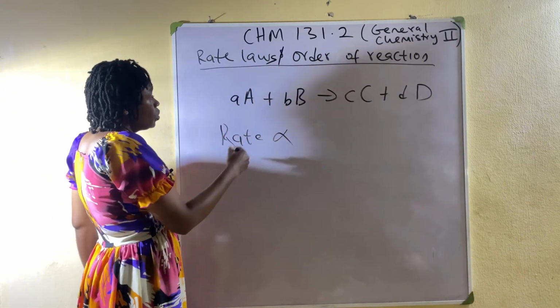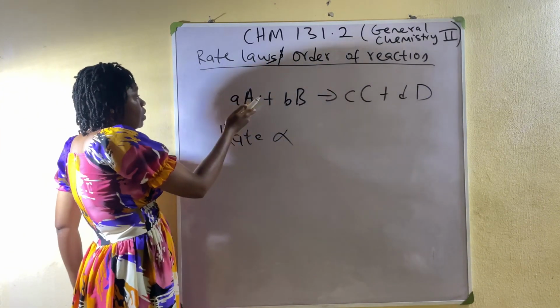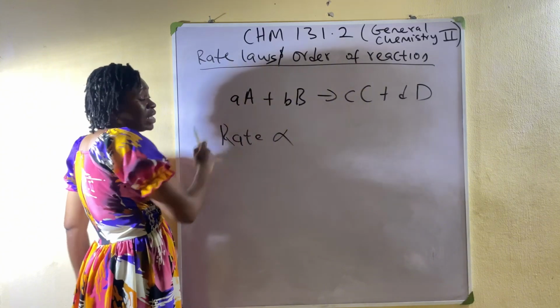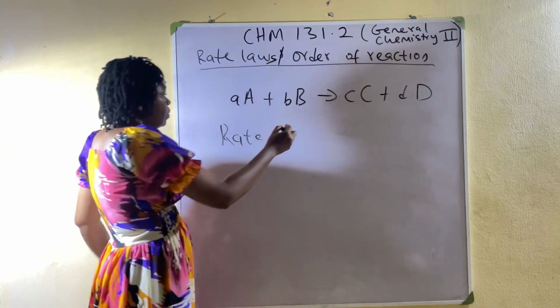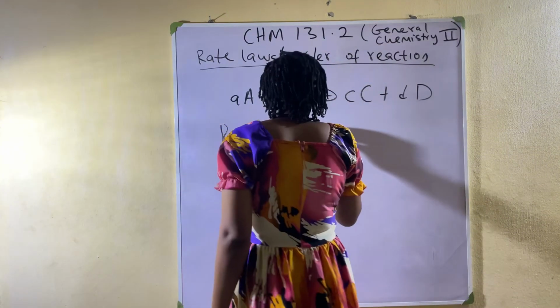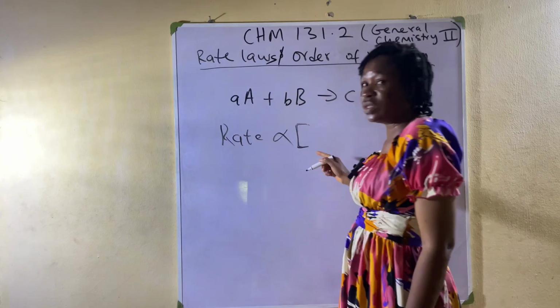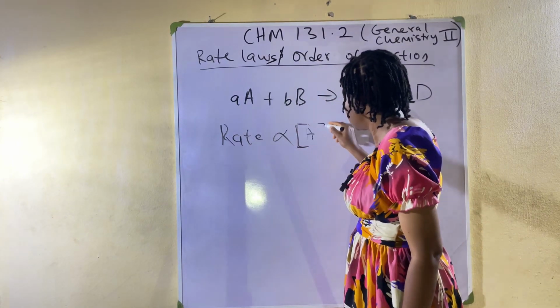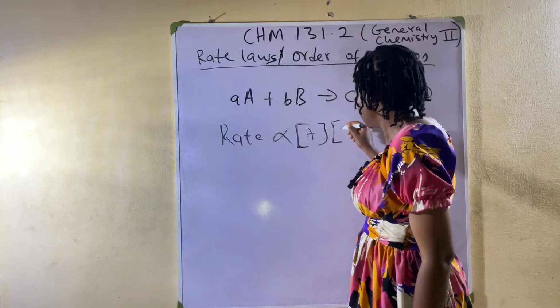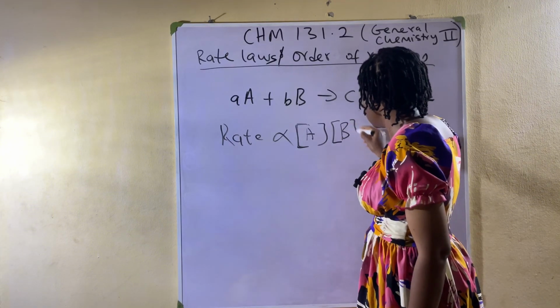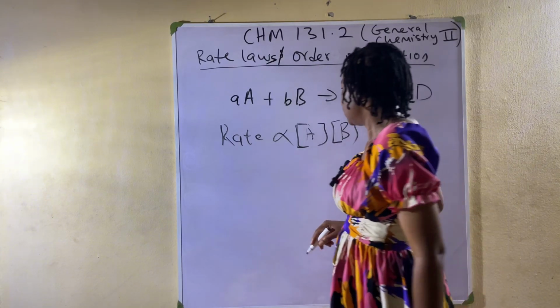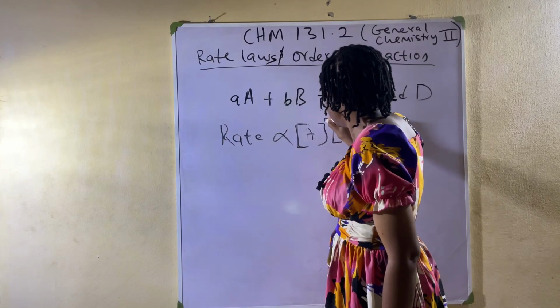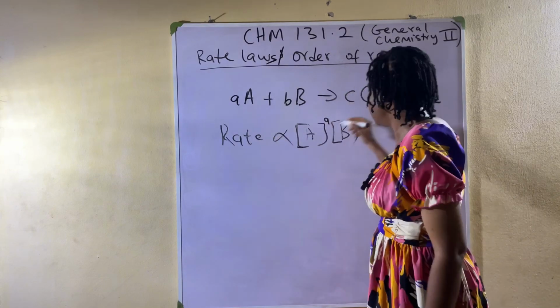Rate is directly proportional to the what? Concentration of the species, that's of the reactant. Remember, the square bracket represents concentration. So the product of the concentration, raised to the power of the coefficient.